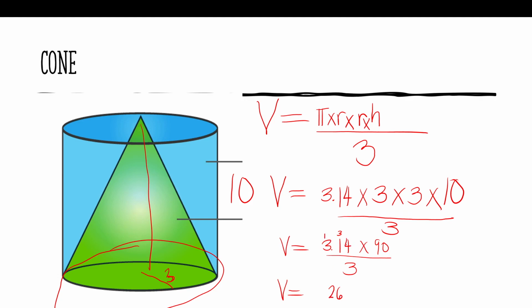Group 1. 9 times 3 is 27 plus 1, 28. And then ibalik natin yung hiniram natin na 0. Saka tayo mag-move ng 1, 2. So, meron tayong 282.60. Dahil wala nang value yung 0 na yun, pwede na natin siyang tanggalin.